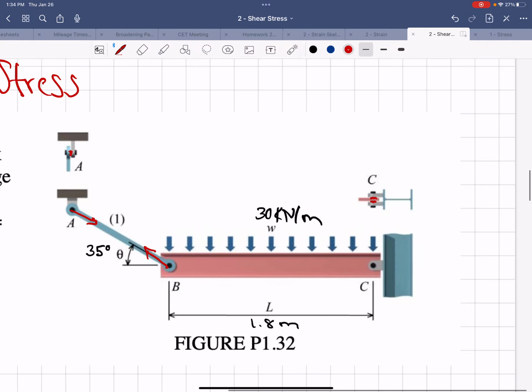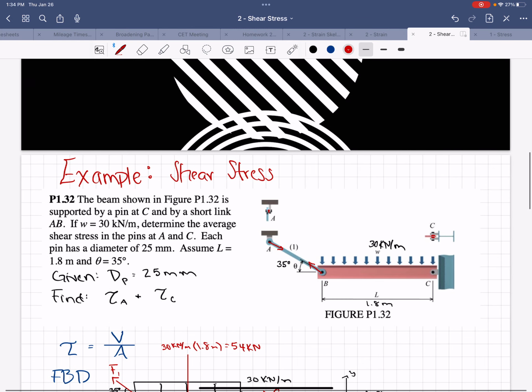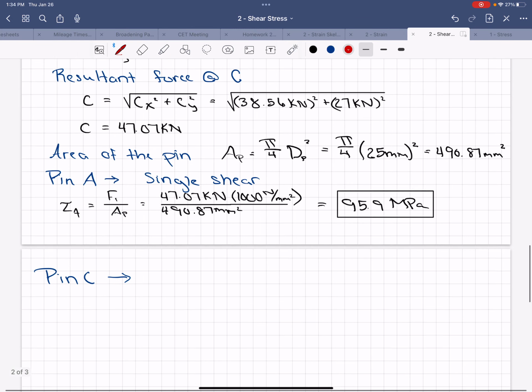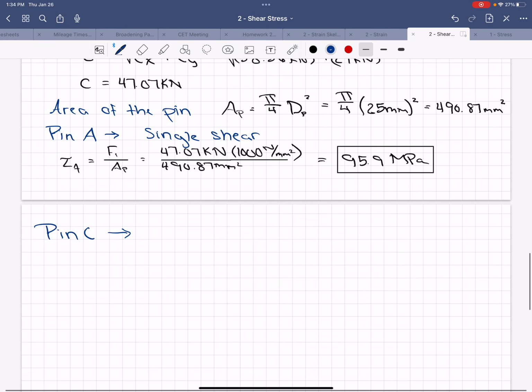So we're in double shear. So that means we'll have to multiply the area of the bolt by 2. So we're going to end up with the shear stress half of pin A, but we'll do the calculation.